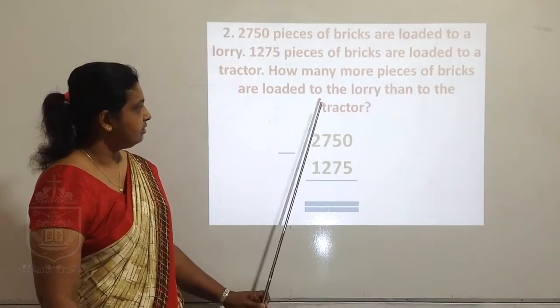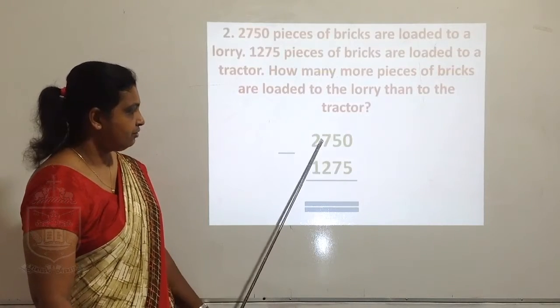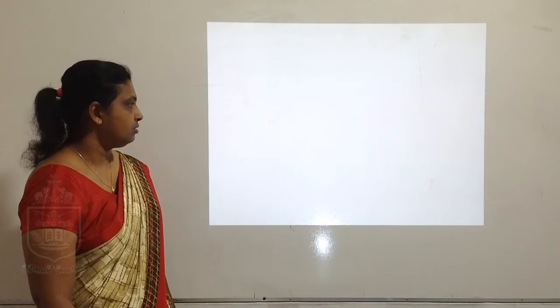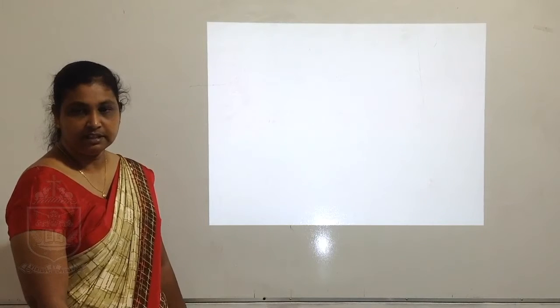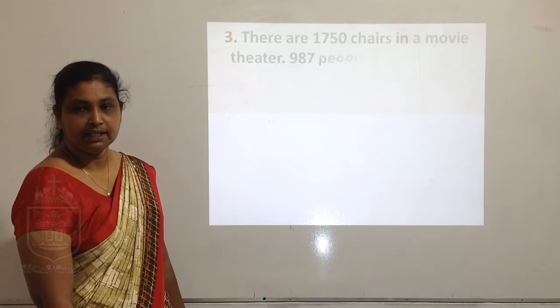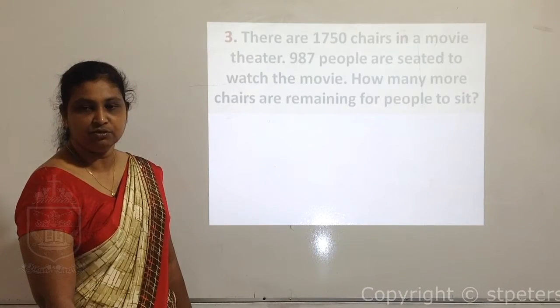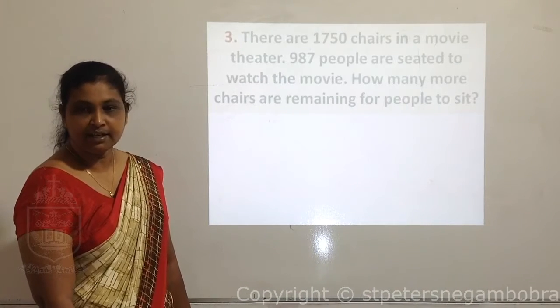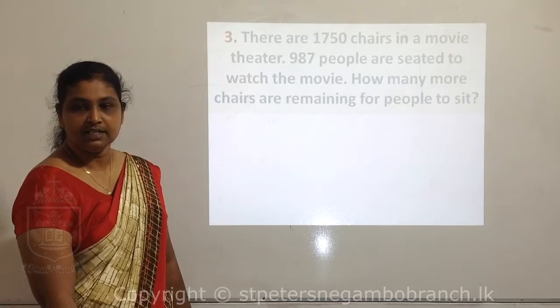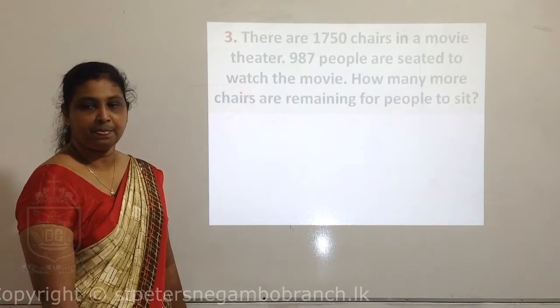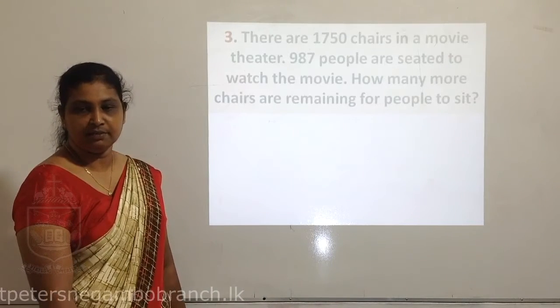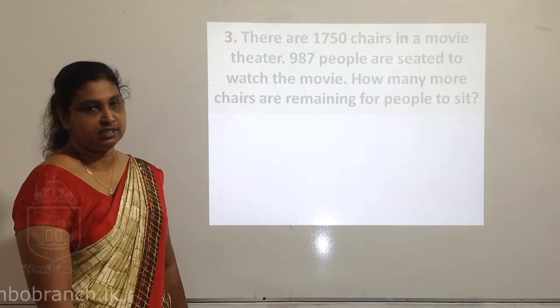To find the difference, you have to subtract. So the third one, there are 1750 chairs in a movie theatre. 987 people are seated to watch the movie. How many more chairs are remaining for people to sit?